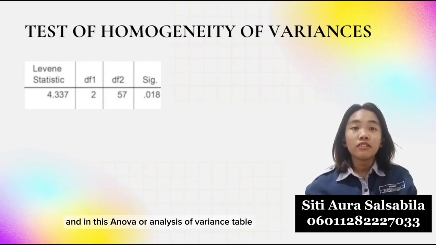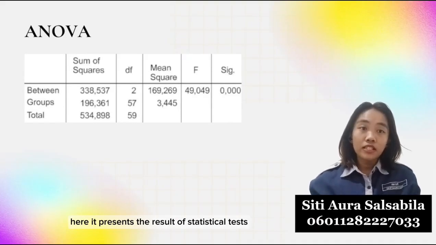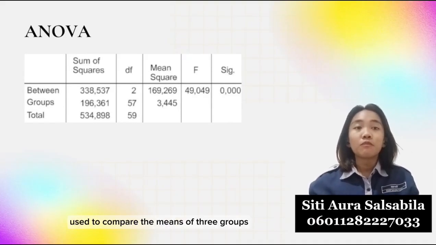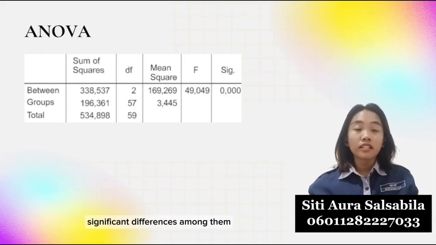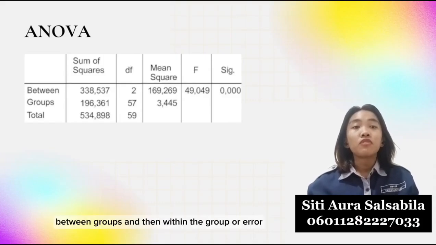And in this ANOVA, or analysis of variance table, it presents the result of statistical tests used to compare the means of three groups to determine if there are any statistically significant differences among them. The total variation in the data is partitioned into two components, between groups and within groups or error.